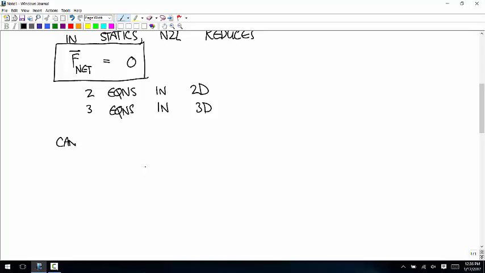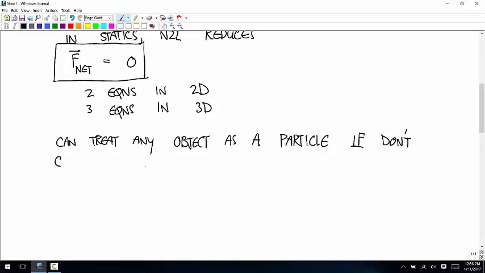You can treat any object as a particle if, not is, if you don't care about its orientation. You do need to make sure that the point you use as representing the object's location is the object's center of mass.